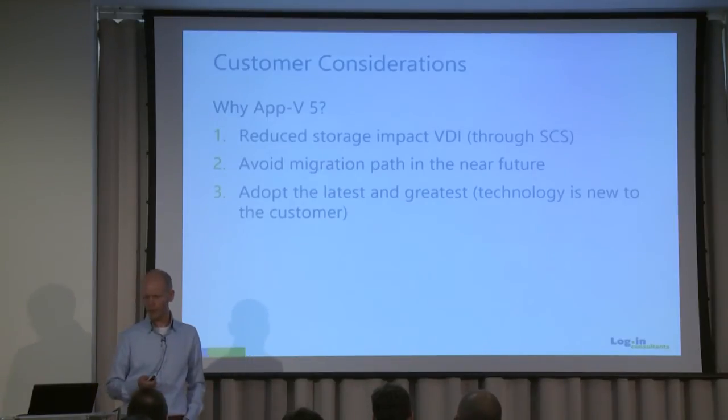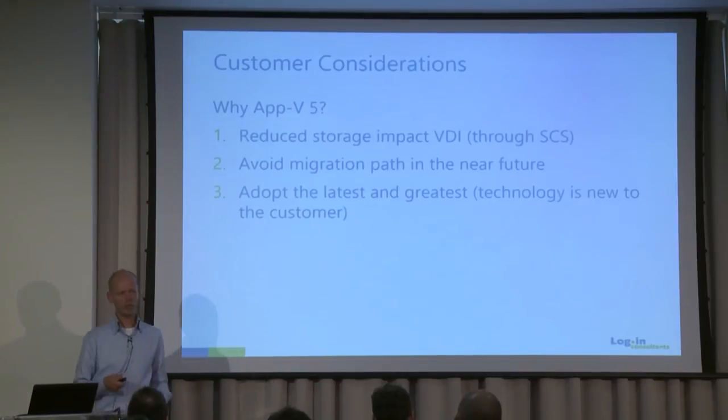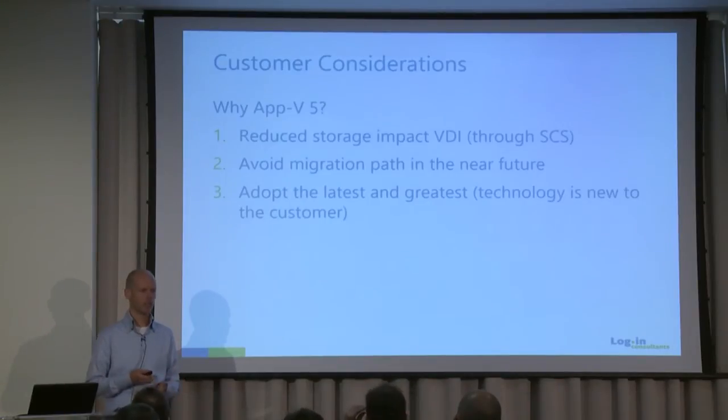The second one was that this was a new customer to AppV5. If you were to go to 4.6 at that stage, you would end up in a migration path pretty soon after, because it would take maybe a year to migrate that organization. After that, AppV5 would become more and more common, so you would have to upgrade them.